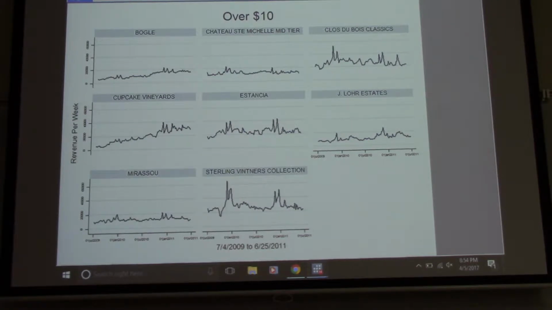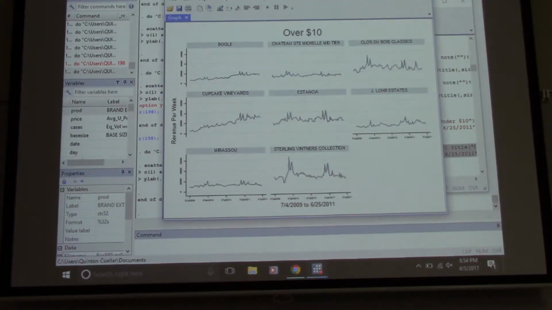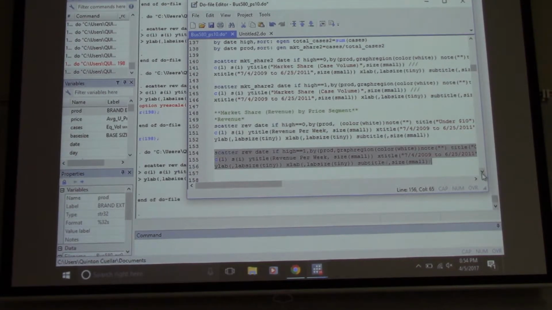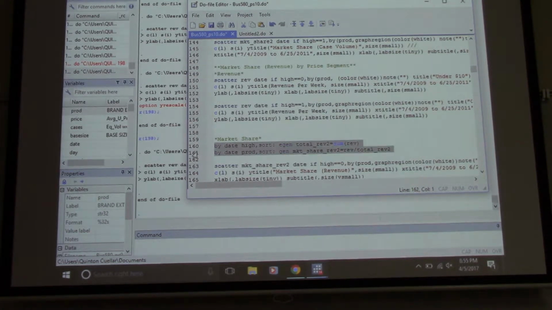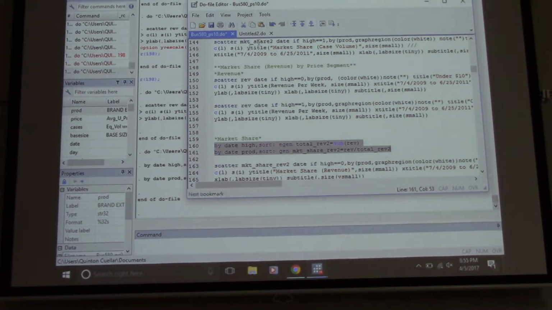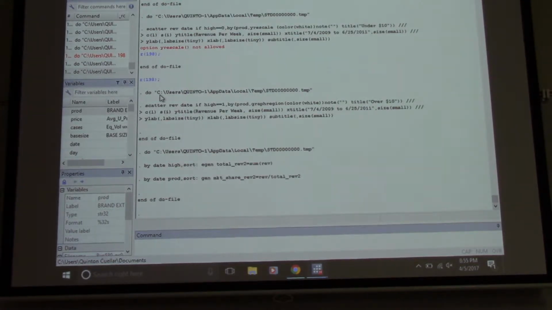Let's look at market share defined in terms of revenue. Again, we're going to reuse our command. All right, same thing by date, and remember high is a price category, so by date and price category, it's only two price categories.